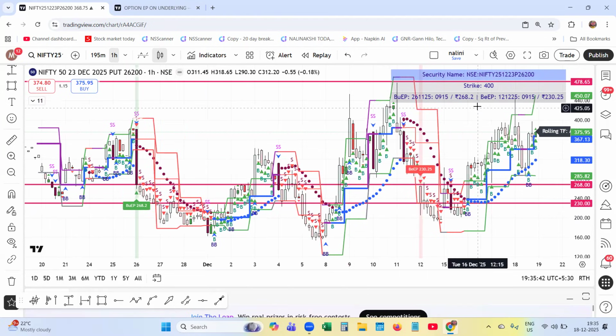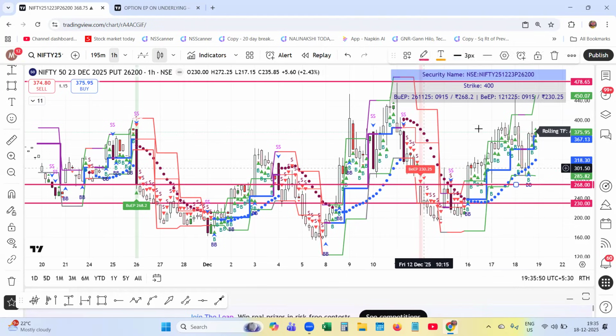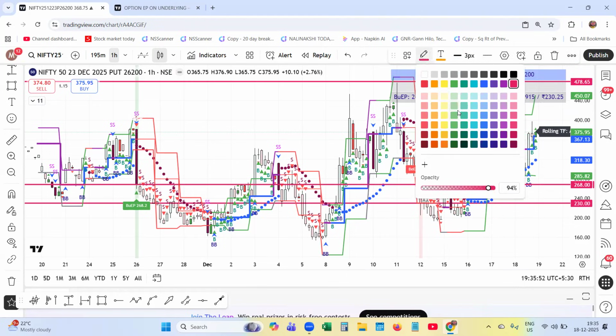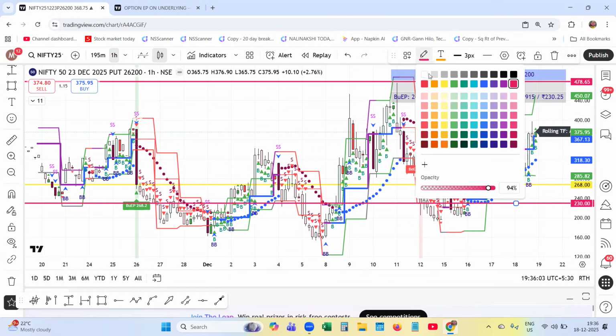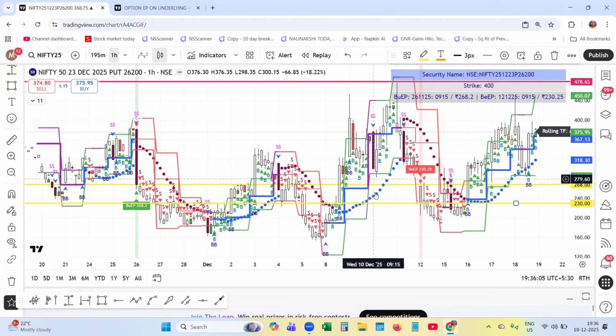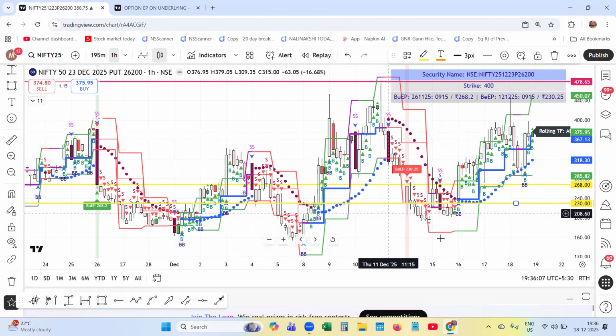The bullish EP is 268 and bearish EP is 230. So I am marking these two levels. Let me change the color so that you will see properly. Let me make it yellow color, and this level also yellow color. So these are the two levels to watch for.